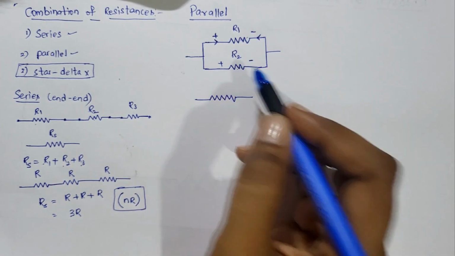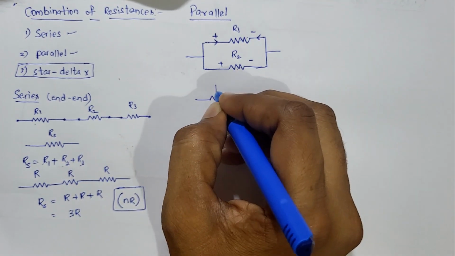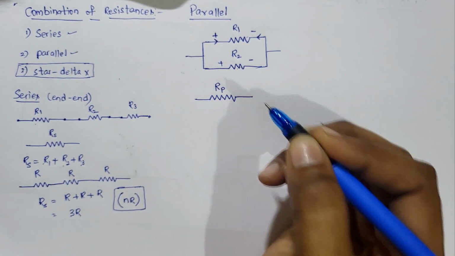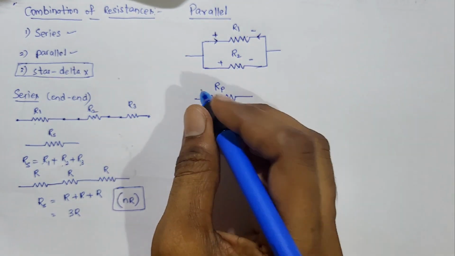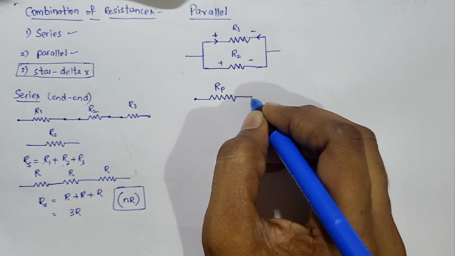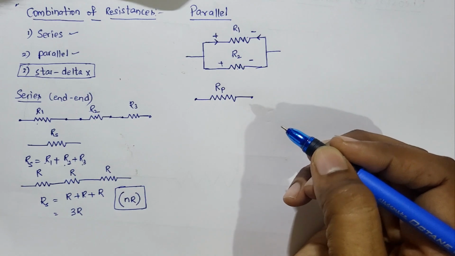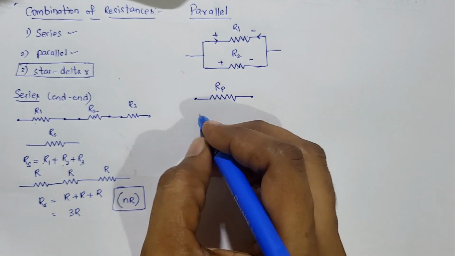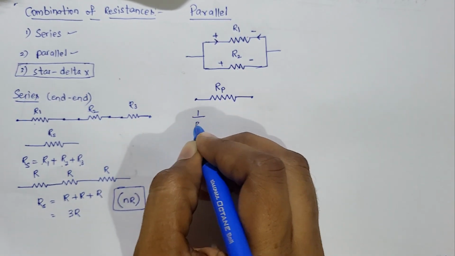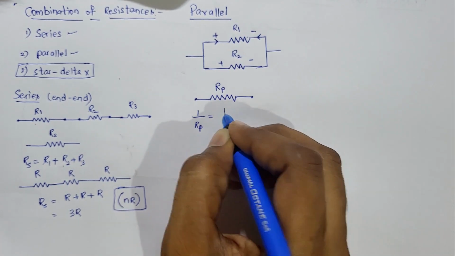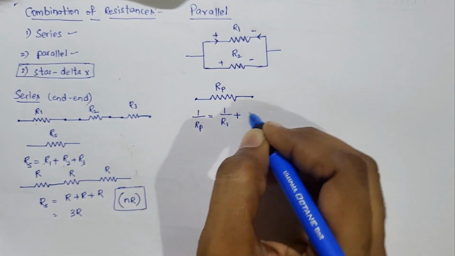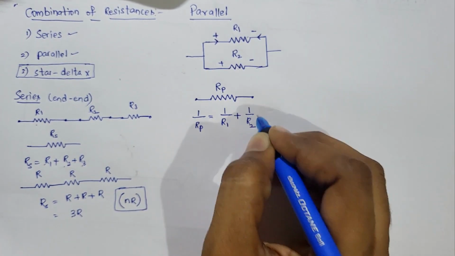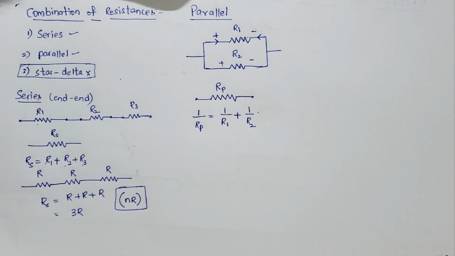These two resistances can be replaced by a single resistance, and that resistance I am going to name Rp, because it is a parallel combination, so I took R with the suffix P. What is the formula for Rp? 1 by Rp is equal to 1 by R1 plus 1 by R2. This is the formula for equivalent resistance when two resistances are connected in parallel.